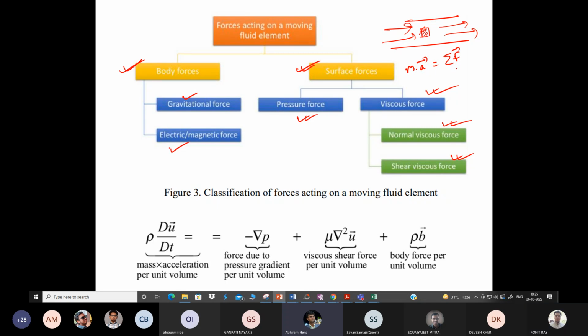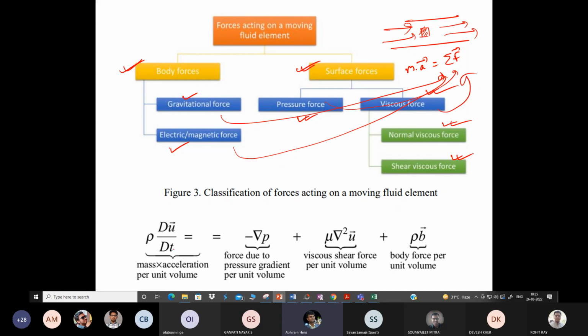Now, sum of the forces means all these forces: gravitational force, or an electromagnetic force, etc. Generally that does not remain present unless it is a very special situation where you are keeping the system in an electric field; you do not consider that. But the pressure force and the viscous force will be present.